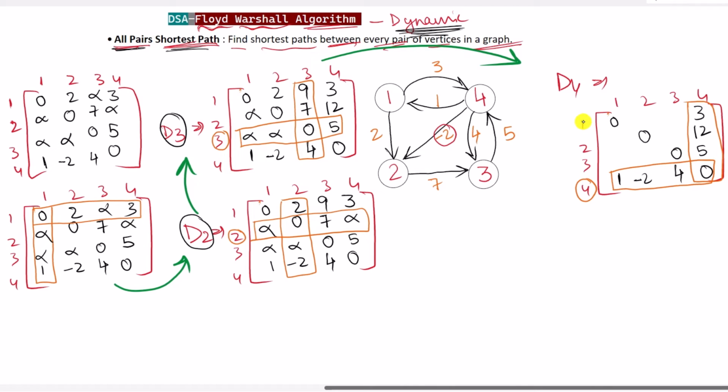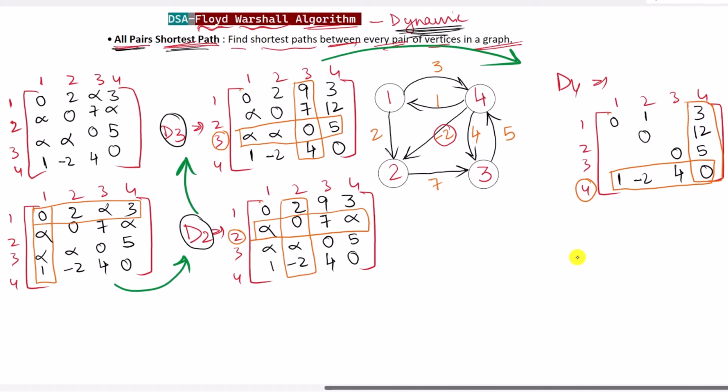So from 1 to 2 we have the direct cost as 2. Now we're gonna take this vertex 4 as the intermediary. From 1 to 4 the cost is 3, from 4 to 2 we have minus 2. So you can see 3 minus 2, so 1 is better than 2. So here we're gonna have this update, the new value will be 1.